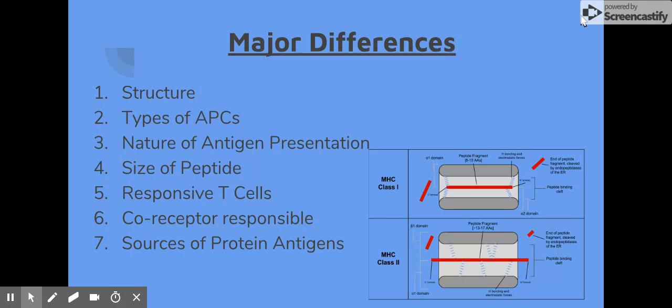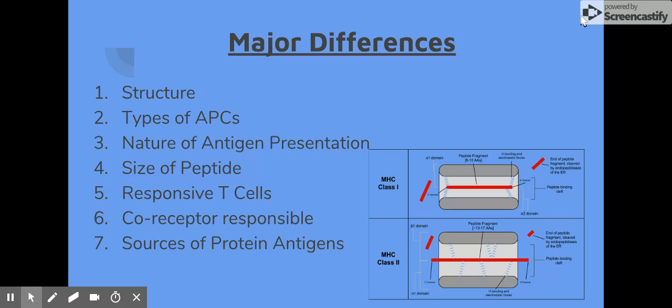Number 6 is the co-receptor responsible. MHC1 binds with the CD8 co-receptor molecule of the cytotoxic T cell, and MHC2 binds with the CD4 co-receptor molecules on the helper T cells.